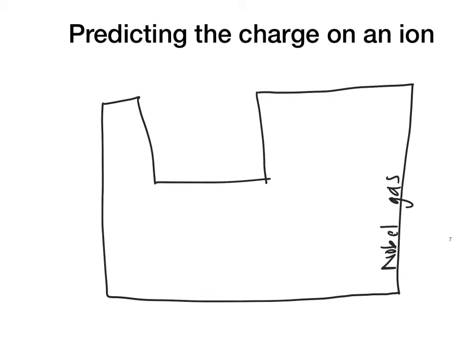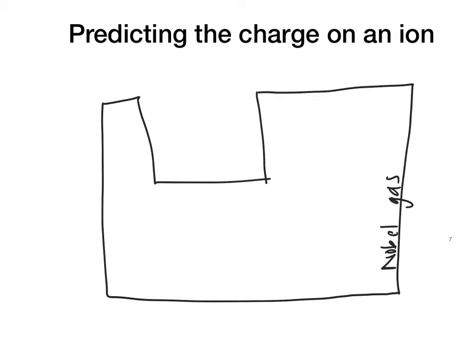Noble gas configurations, we'll talk a lot more about what that means in terms of number of electrons and other details in chapter 6. But for now, we know that they want to achieve that. If you know what it means to achieve an octet, that's okay. So we can predict the charge on an ion. It turns out that it's a pattern based on location in the periodic table.